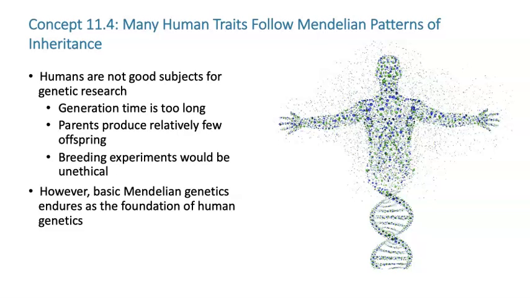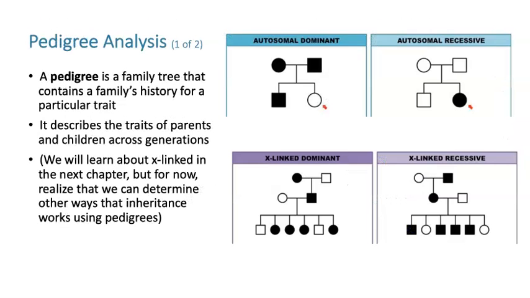But we can still use the principles of Mendelian genetics to figure out human genetics. And we're going to do that using the idea of a pedigree. Now, a lot of people think about pedigrees as something that you use for dogs or maybe horses or things along those lines. But pedigrees are not just for dogs and horses.